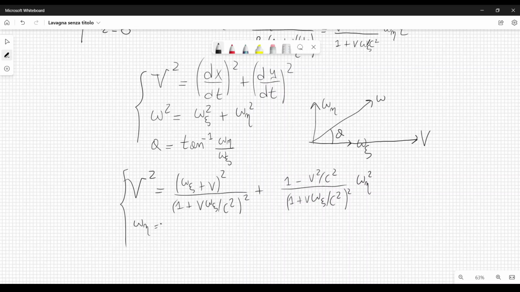Omega eta is equal to the magnitude of omega times the sine of the angle A. That's easy to see from this sketch.